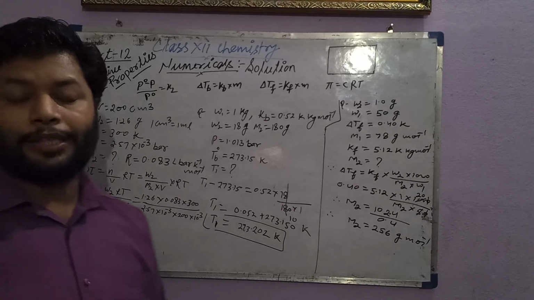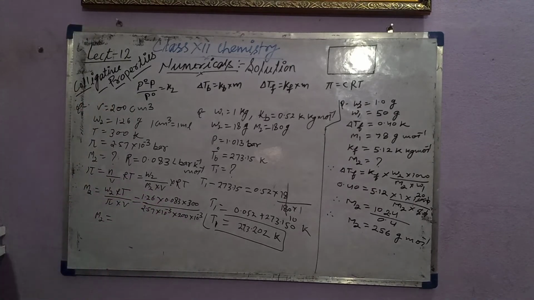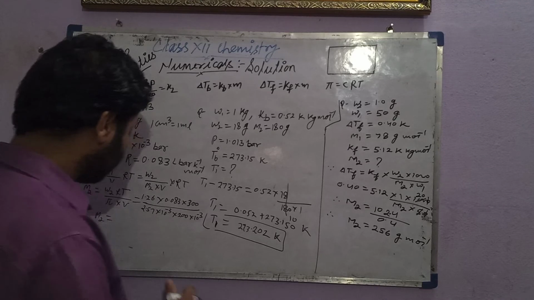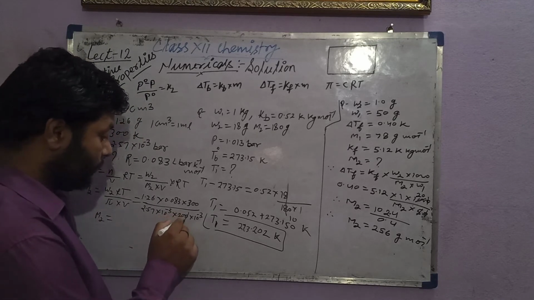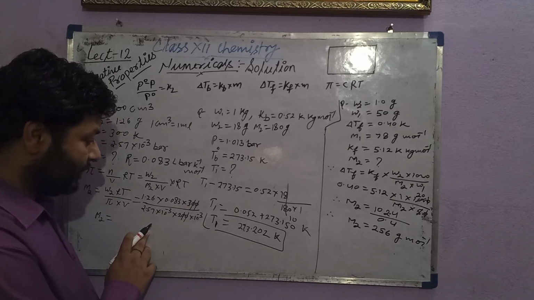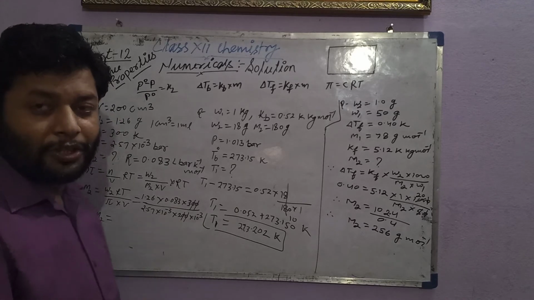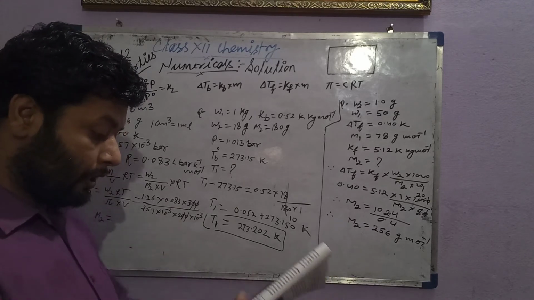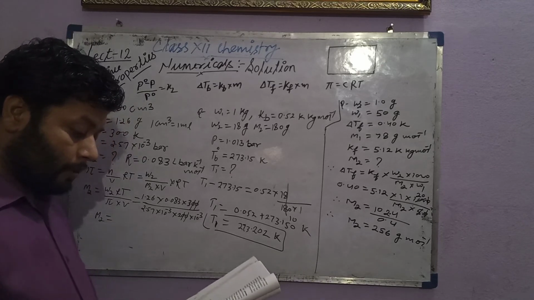I'm giving you 10 seconds. Just calculate this value. What will be the answer? This cancels out. This is an example question, so I will take the answer from the book.